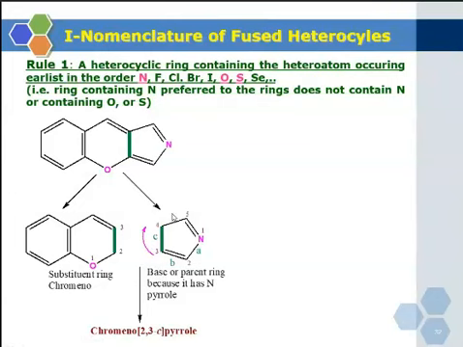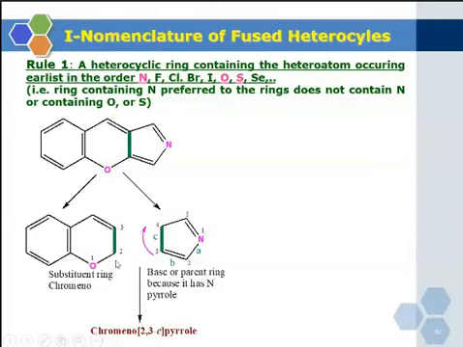Now when this chromeno ring is fused with this structure, we get a structure like this. And how will we do the nomenclature of this fused ring? We will name it as chromeno 2,3.